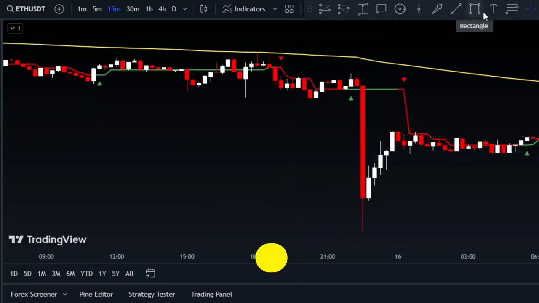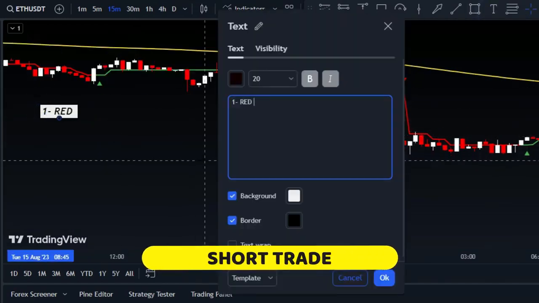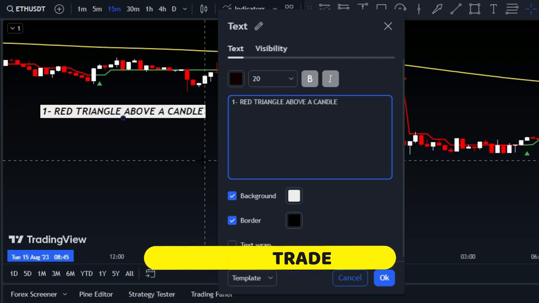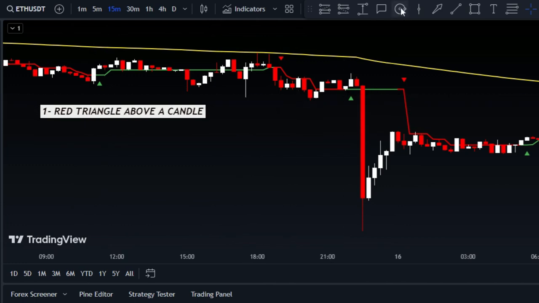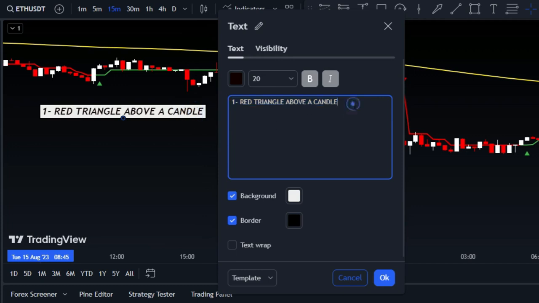First, let's take a look at the short trade rules. To kickstart a short trade, simply look for a red triangle positioned above a candle on the chart. Next, make sure the candle itself is red.